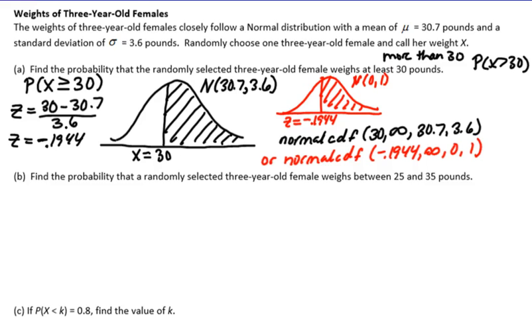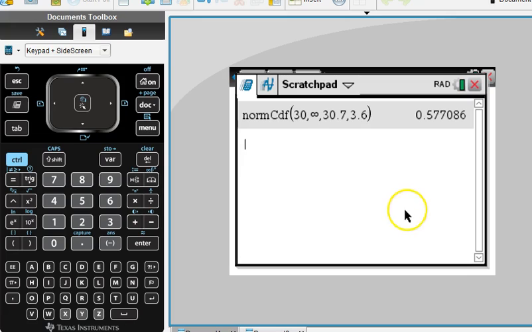So either one of those is going to give us the same value. When we do this on our calculator, this is what we find. Here's the value for 30 to infinity, 30.7, 3.6, and we see it's about 0.577, or about 57.7% of the time we would randomly choose a 3-year-old female that has a weight greater than 30 pounds.